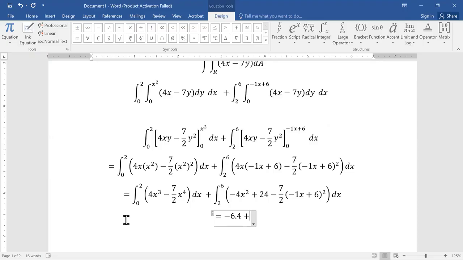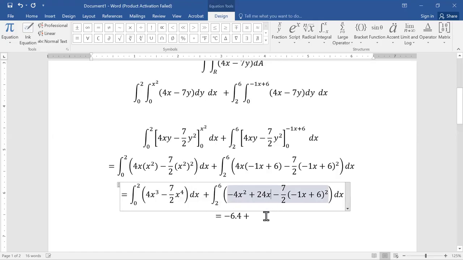And then when I get my second integration, this is where technology really saves me a lot of time. I take negative 4x, oops, that should have been plus 24x, excuse me.